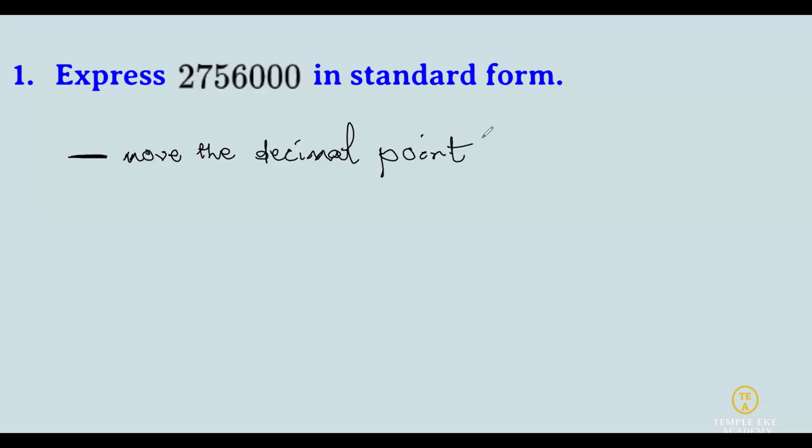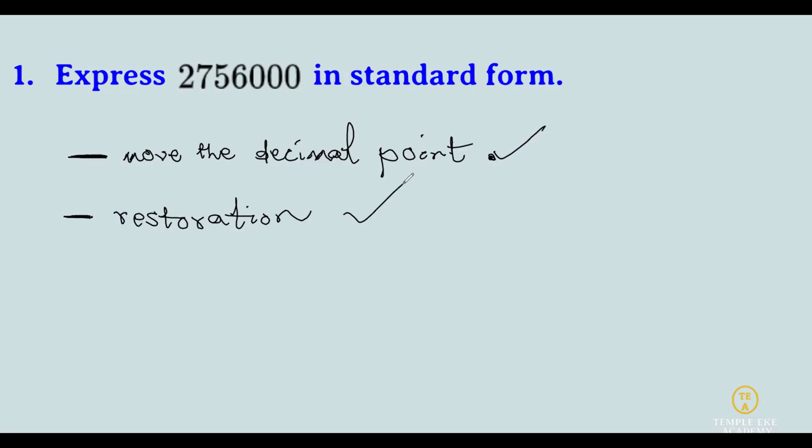And what's the appropriate position? One non-zero digit before the decimal point. Step 2, do a restoration of the original value. So two steps. And now let us practicalize the steps.